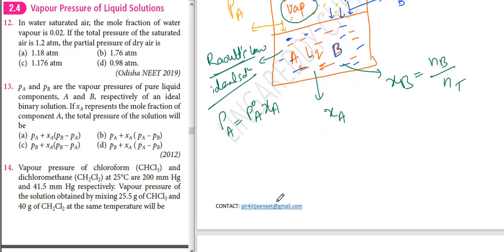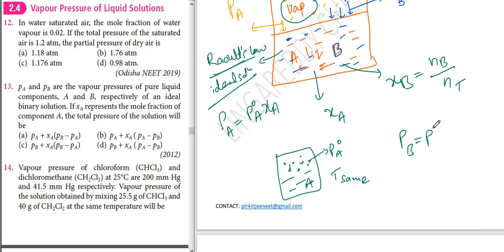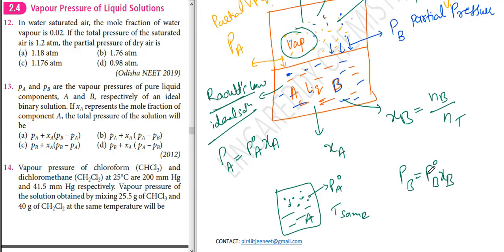P naught A means the vapor pressure when only the A component is there, at the same temperature, T is same. Similarly, PB equals P naught B into XB, mole fraction into the vapor pressure in the pure state.